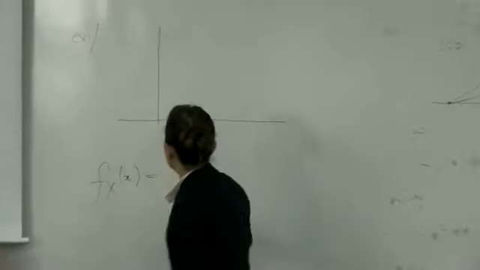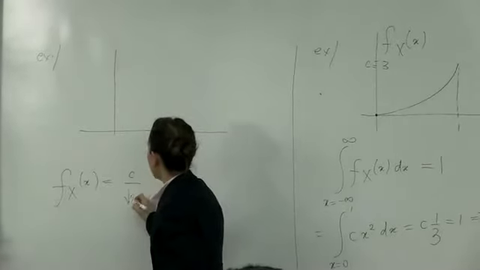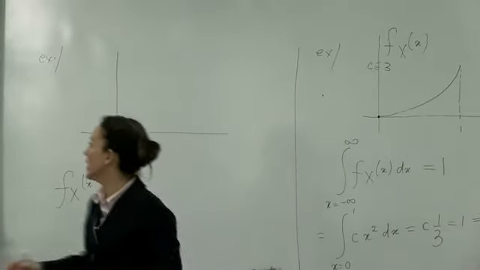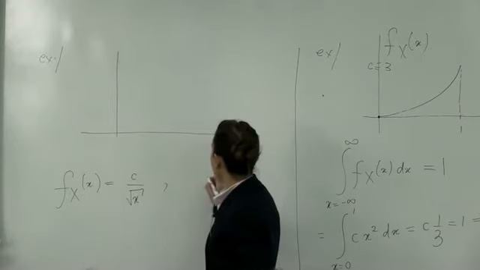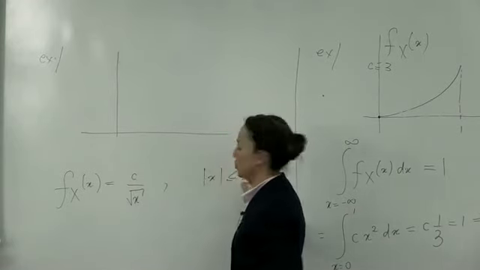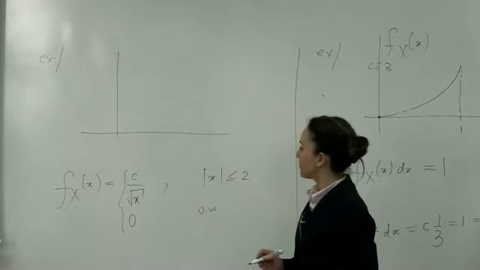Let me write the correct one here. fx of x is c over square root of x. In fact, it's not a typo, but I changed the example today. When x in absolute value is less than or equal to 2, and 0 otherwise.